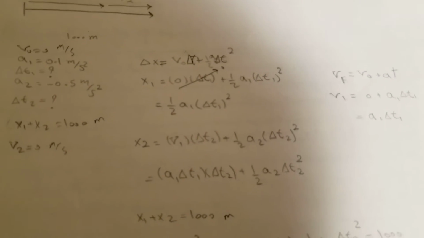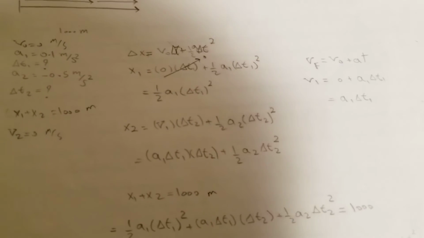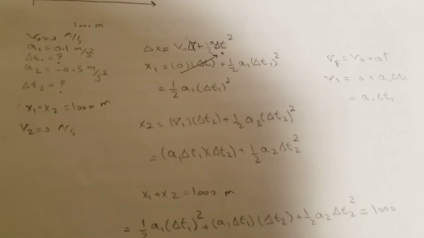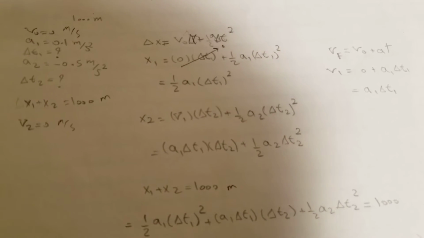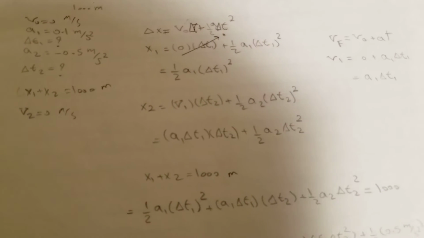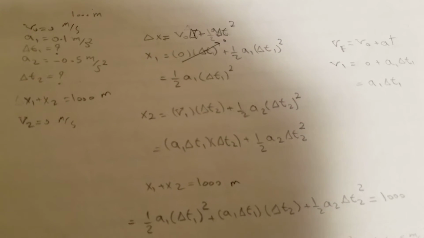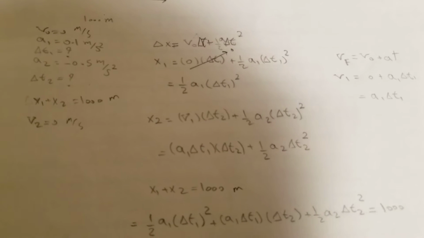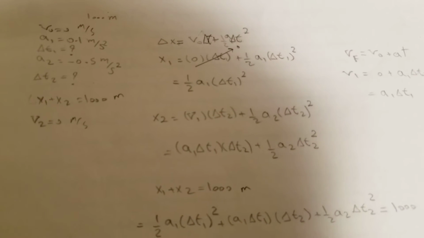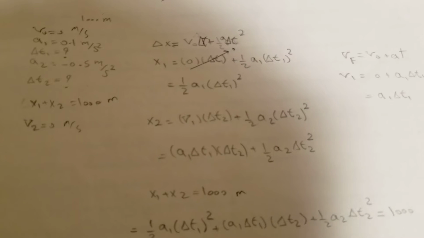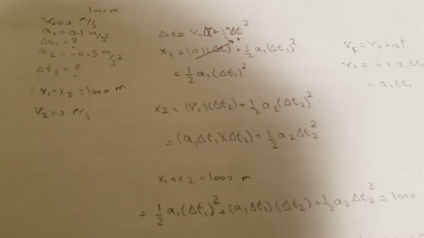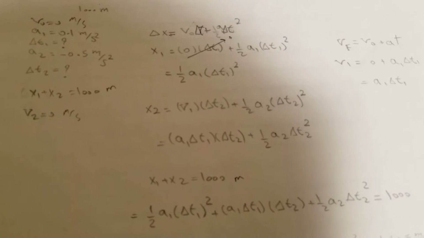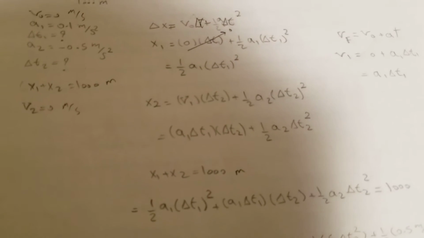second. Now we calculate the distance traveled by the train for each segment, and we use the formula delta x is equal to v initial times t plus 1/2 of a times t squared. So for x1, since the initial velocity is 0, the first part is 0, so x1 is equal to 1/2 of a1 times delta t1 squared.